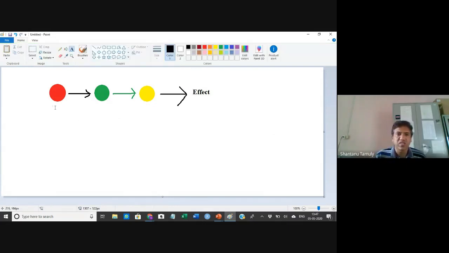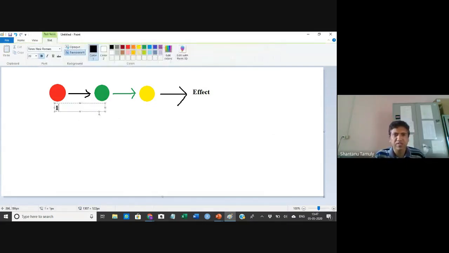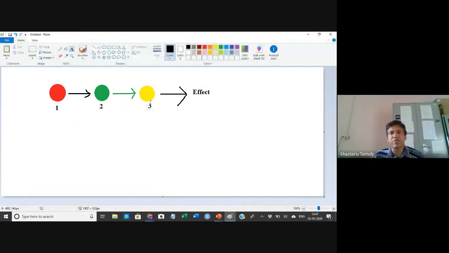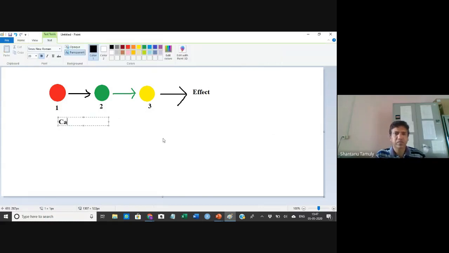So this is the first cytokine, this is the second cytokine, and this is the third cytokine. This kind of activity of the cytokines is called cascade effect. Cascade effect is the effect where one cytokine activates another cytokine, then that cytokine will further activate another cytokine.